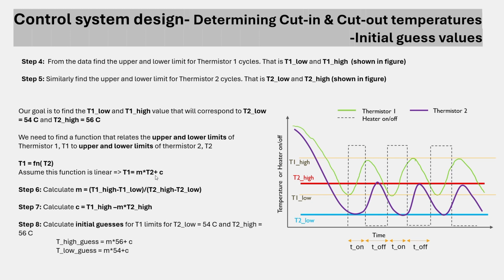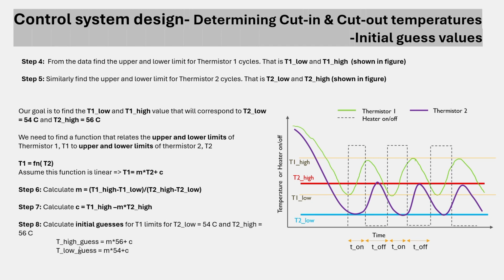So if it is linear, you can write an equation for slope and intercept using the four temperature limits that you got looking at the graph, right? And once you know M and C, you find the T1 high guess and the T1 low guess by using 54 and 56 in the equation.